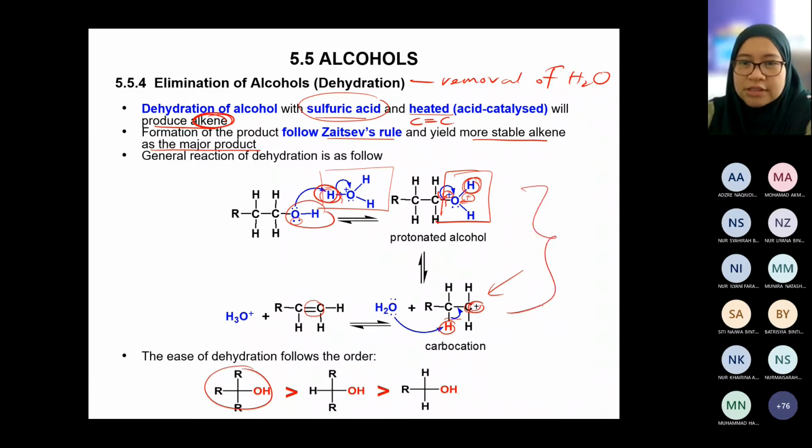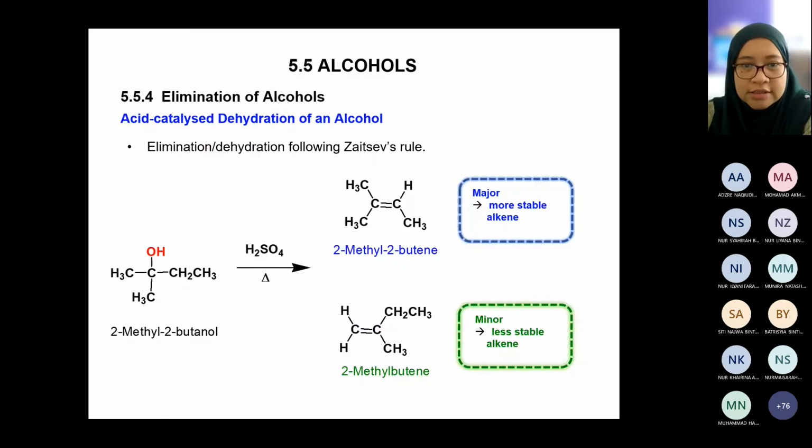So these are basically the steps of the mechanism to produce alkenes.